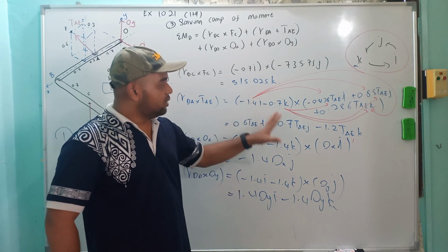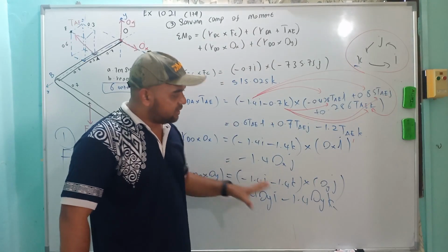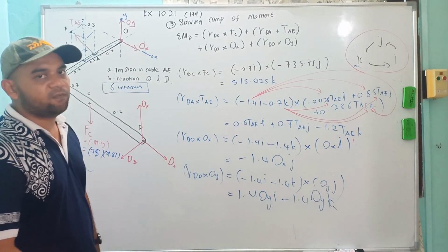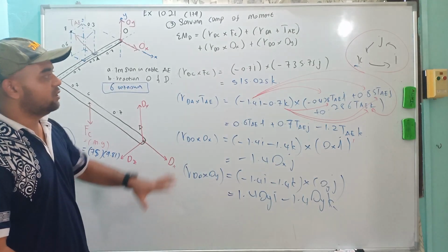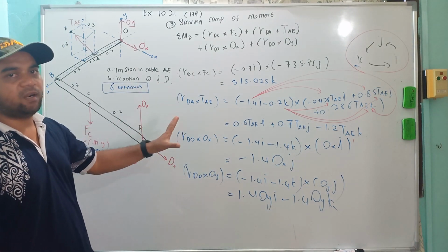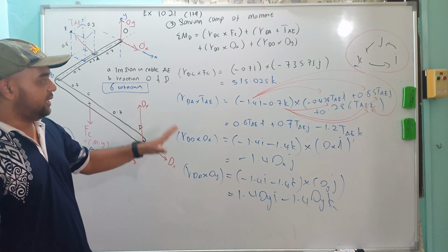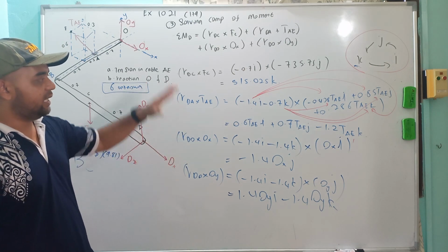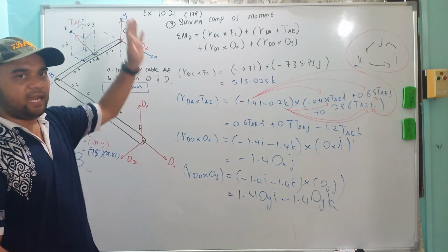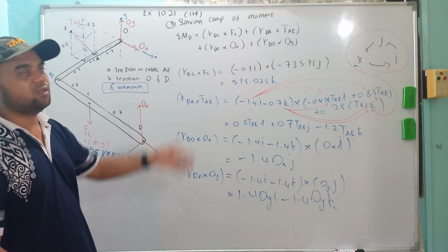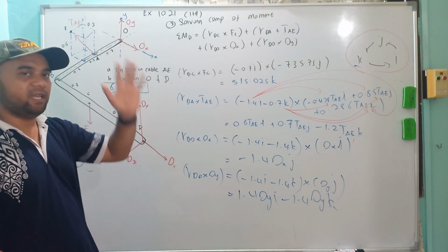And if you look at this long equation, it might not be clear how many unknowns you have. So we will put everything in terms of a table. In terms of the table, you will see clearly for i how many unknowns, for j how many unknowns, and for k how many unknowns.